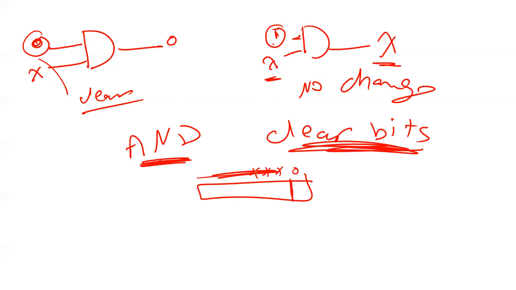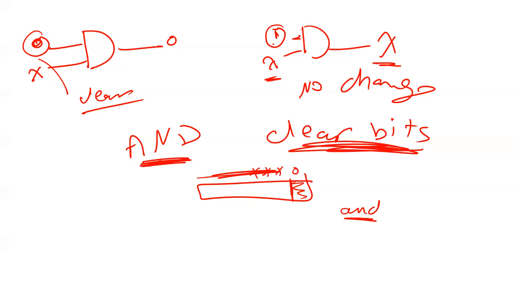I want to clear this bit, and I don't want to change the other bits. And the operation has to be done on a byte. Is that okay? So how can we do that? Number 1, you have to AND with this number. Again, very, very easy, very clear. If you want to clear some bits, you have to use AND.